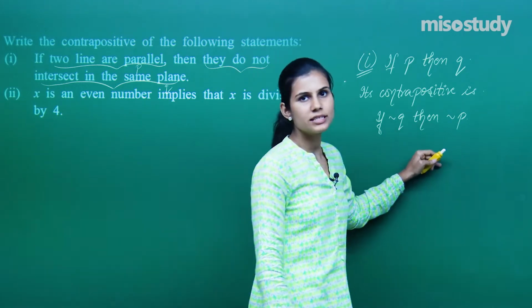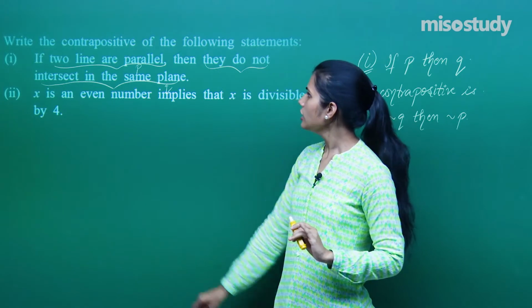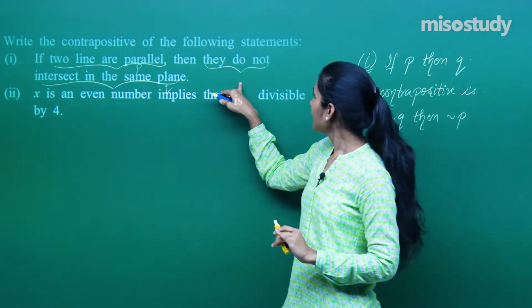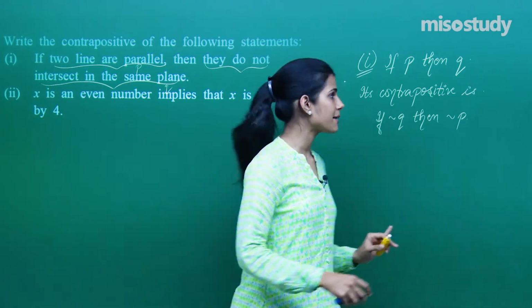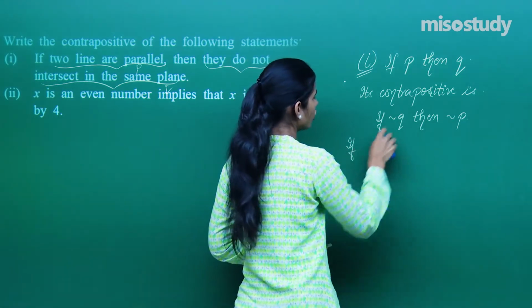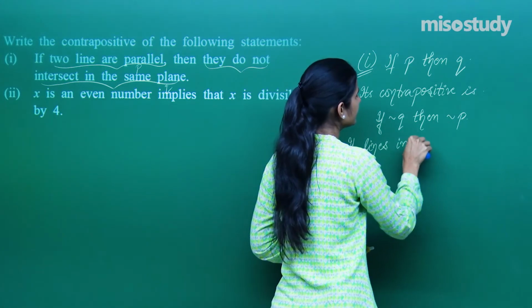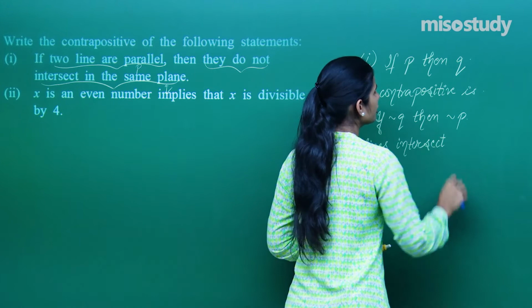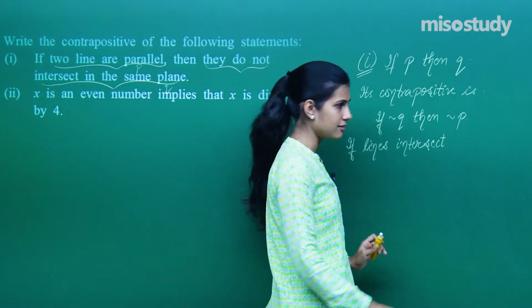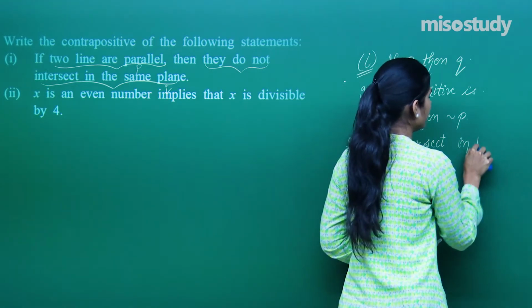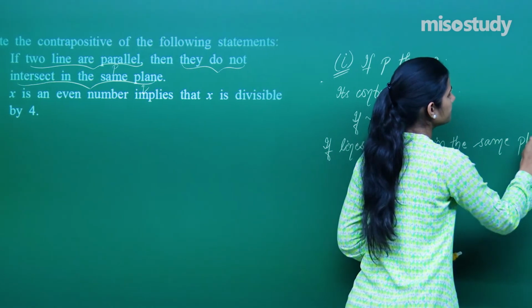So just write down this statement by correct interpretation of not Q and not P. Q said lines do not intersect in the same plane, so not Q will say lines intersect in the same plane. If lines intersect in the same plane, then not P.